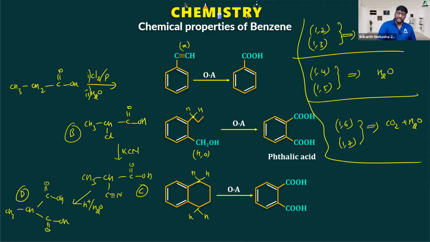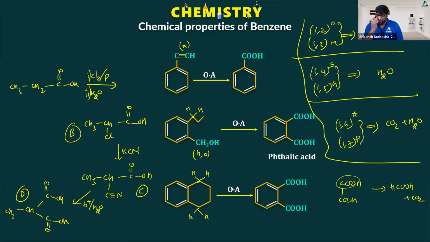What do the 1,2, 1,3 dicarboxylic acids mean? COOH, COOH is nothing but oxalic acid; 1,3 is malonic acid; then succinic acid, glutaric acid, adipic acid, pimelic acid. If you take COOH, COOH, it is a 1,2 acid, which will undergo loss of carbon dioxide, so you get HCOOH plus CO2.